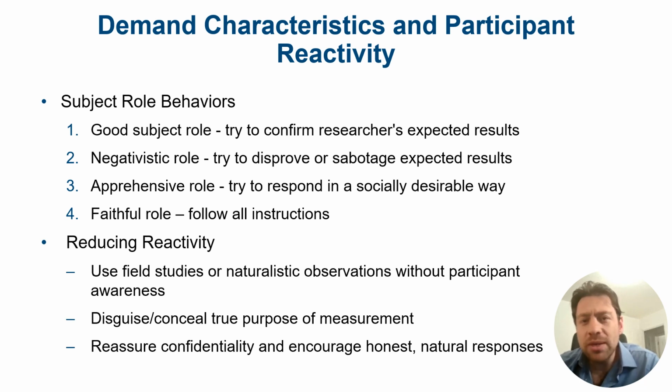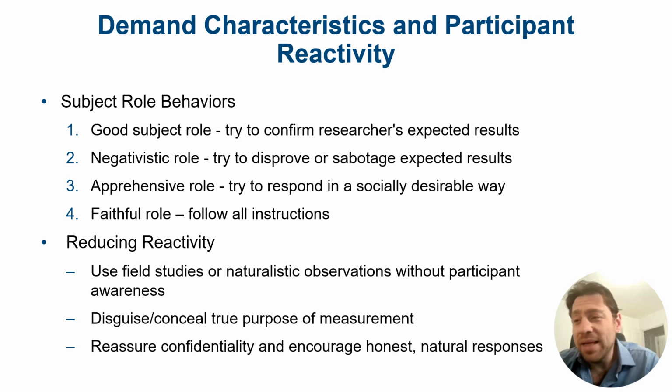Okay, so what are some methods for reducing participant reactivity? So one approach is to adopt the method of natural observation or field studies. And this entails observing people in their natural environments without them knowing that they're being observed. And this will reduce some of the problems that we discussed above. But of course, there are many limitations to this approach.